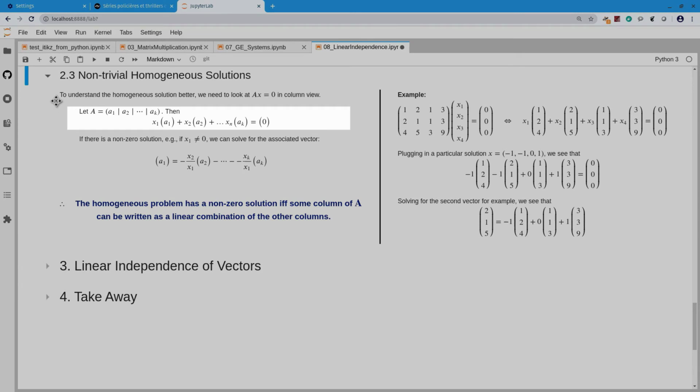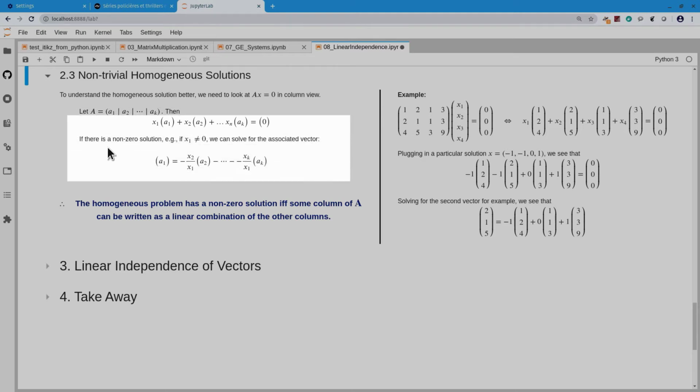To understand the homogeneous solutions a little bit better, let's look at Ax equals 0 in column view. So take A, split out the columns A1, A2 through AK, and rewrite our equation as a linear combination of the A's equal to the 0 vector. And here I put in the parentheses just to emphasize that these A's are vectors.